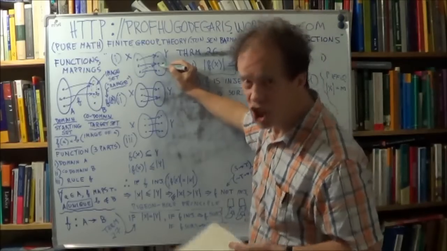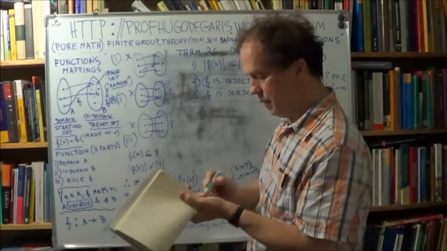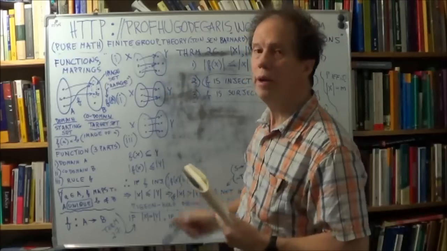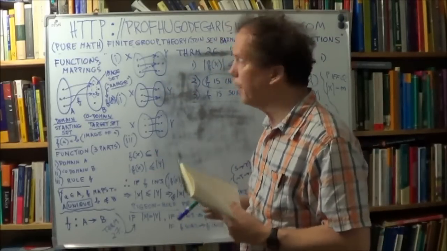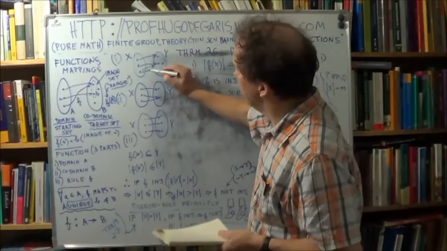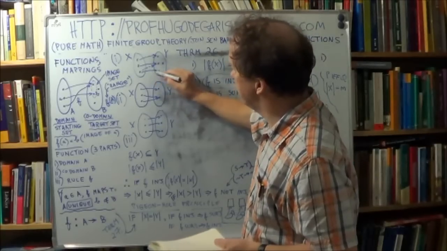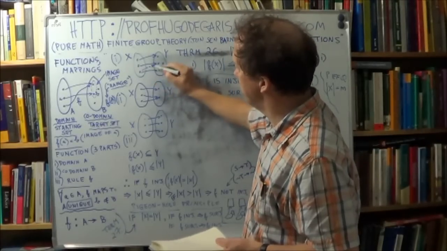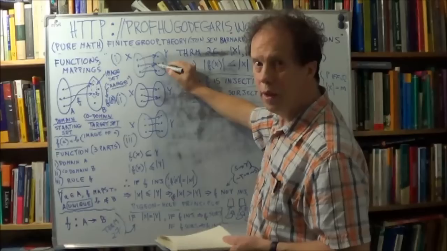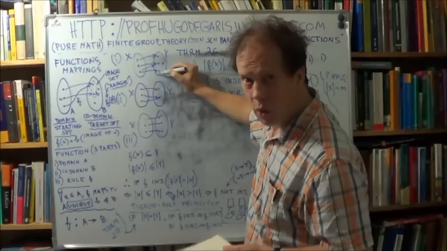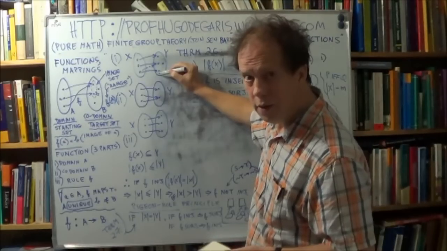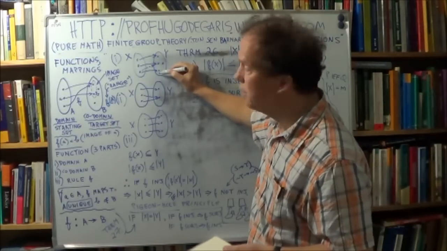Now, in general, mappings between two sets do have some many-to-one mappings. If this one did not map to here, but instead mapped to here, that would mean that the number of images goes down by 1. Okay? And that's the general case.